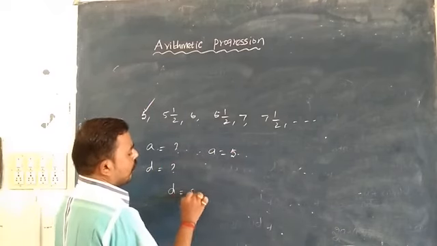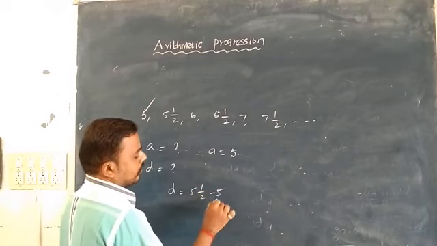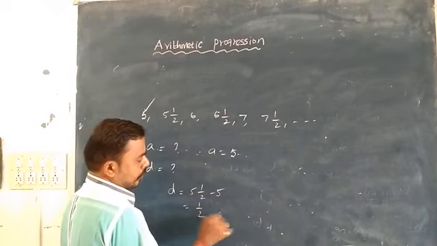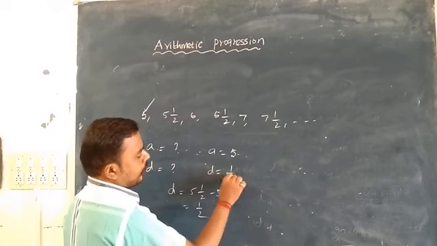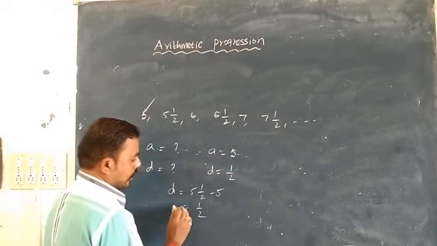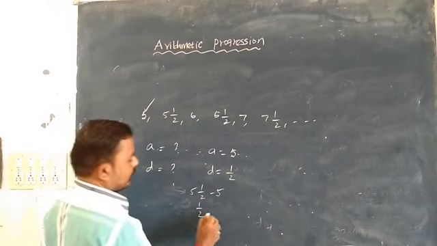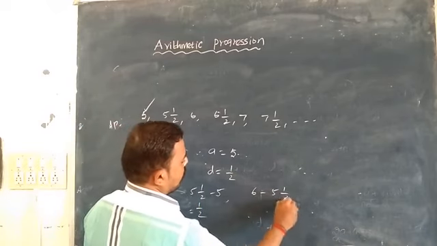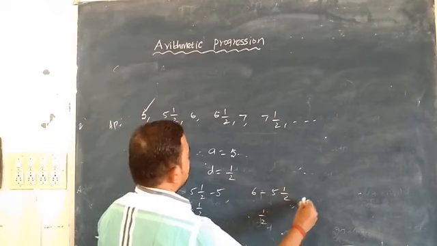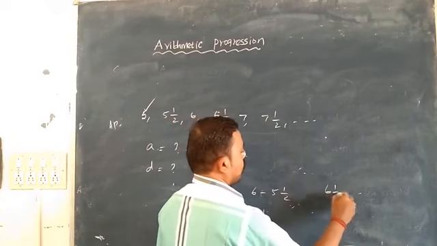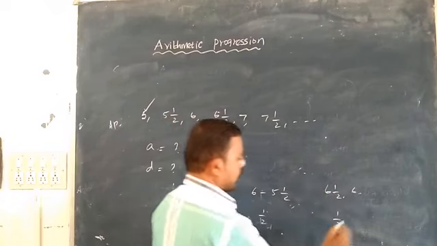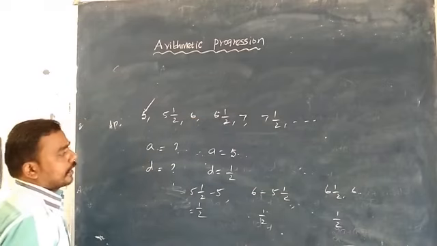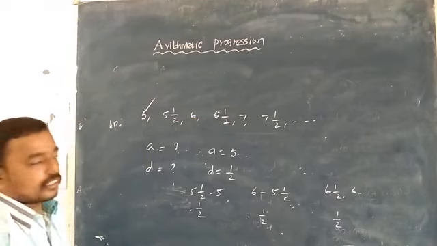D equal to 5 1 by 2 minus 5, that is 1 by 2. So D equal to 1 by 2. So check: 5 1 by 2 minus 5 equal to 1 by 2, 6 minus 5 1 by 2 equal to 1 by 2, 6 1 by 2 minus 6 equal to 1 by 2. Okay. So like that you can write first term and common difference.